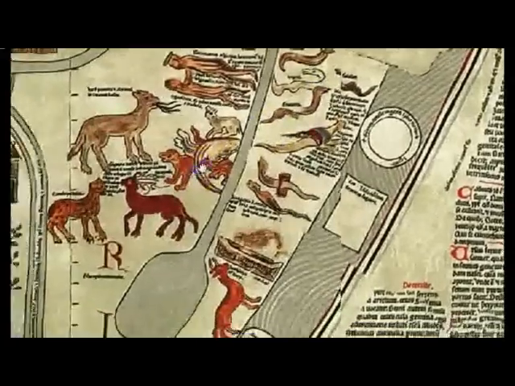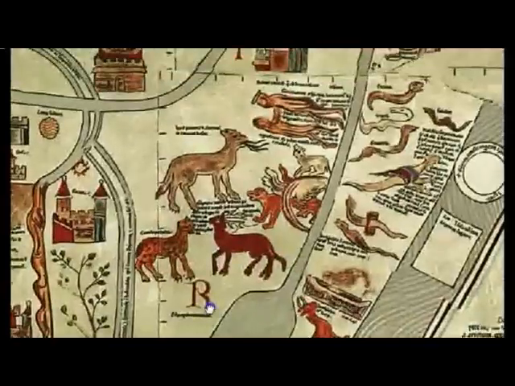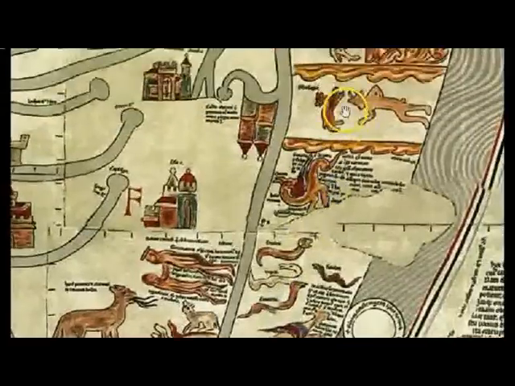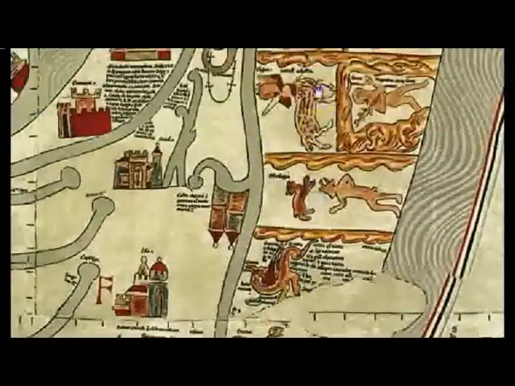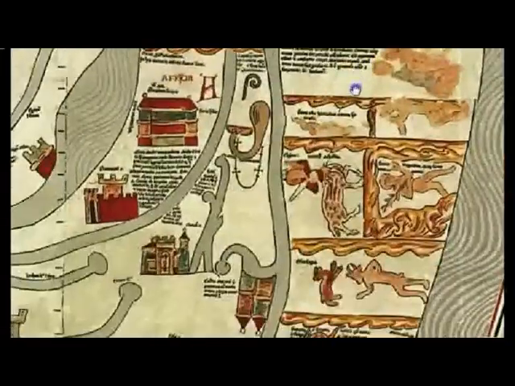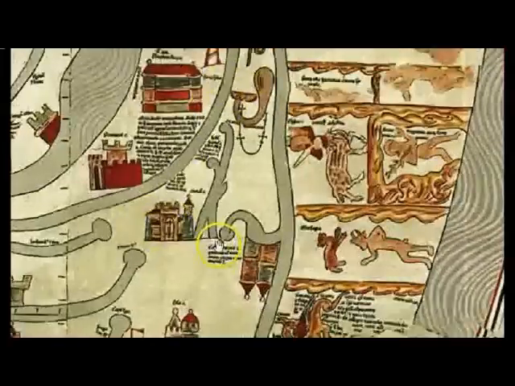But here, I believe this is all part of Africa. And looks like white people were there. We have again lots of monsters and animals, okay? It's good they put that in a map. I mean, you want to know what's going on. But yeah, here we are in Africa. You have all these castles and so forth.